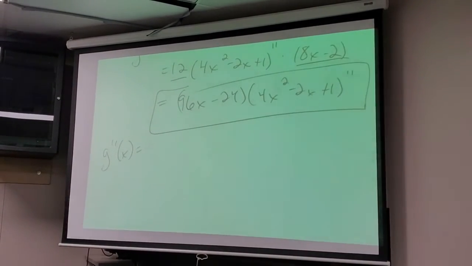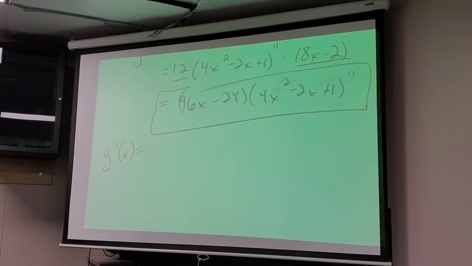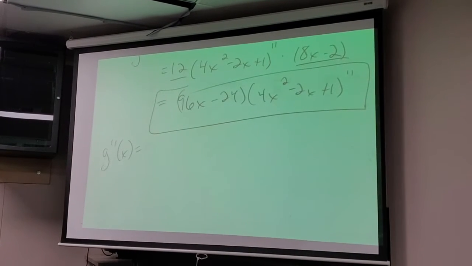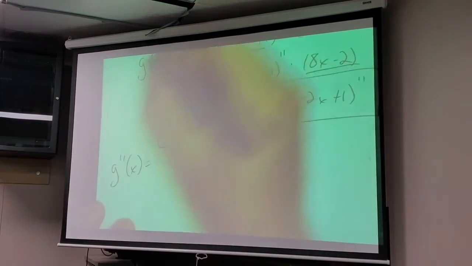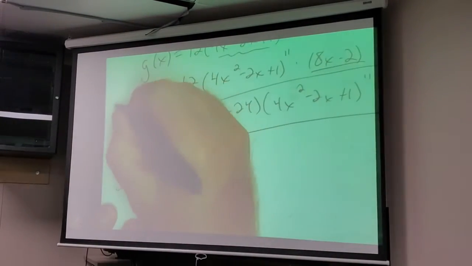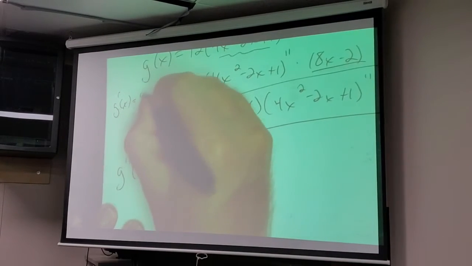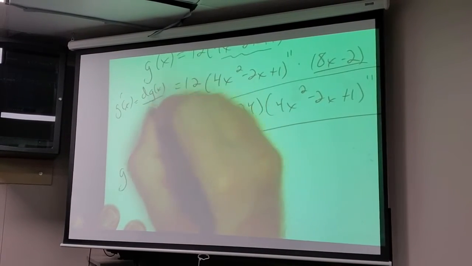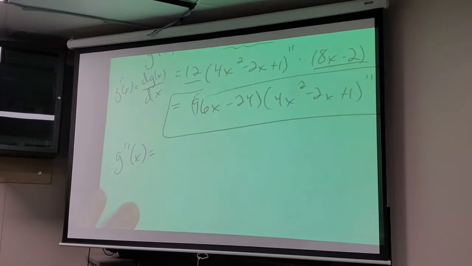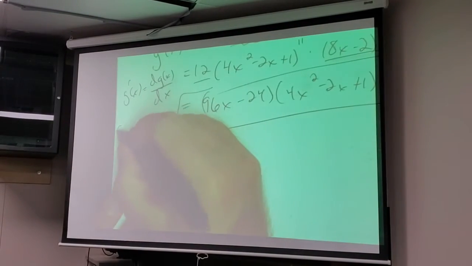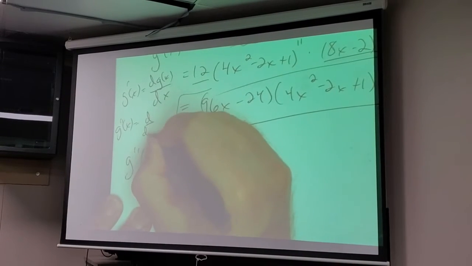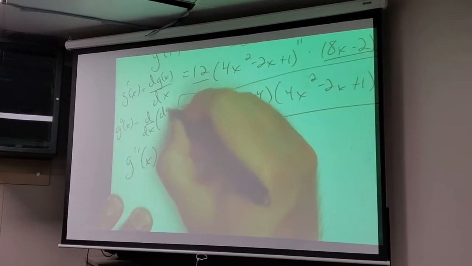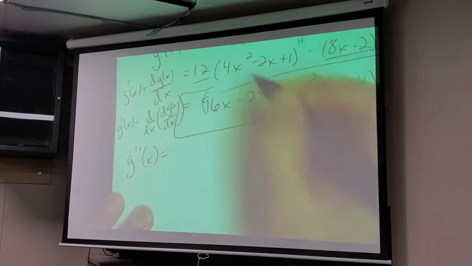Yes? This is kind of off topic, but how do you write like the dy dx? Oh, the second derivative? Yeah, so let me do this. G prime is dg dx, right? Now watch this. G double prime would be d by dx of dg dx.